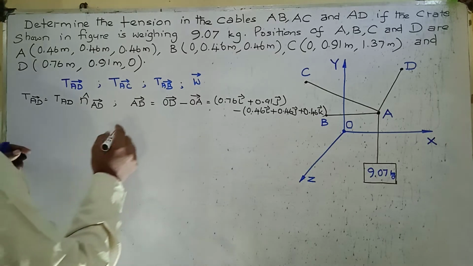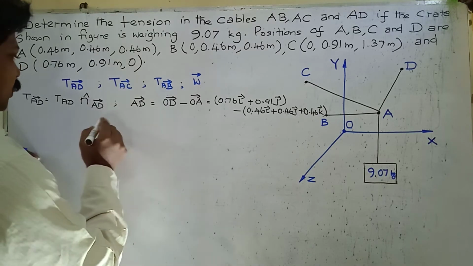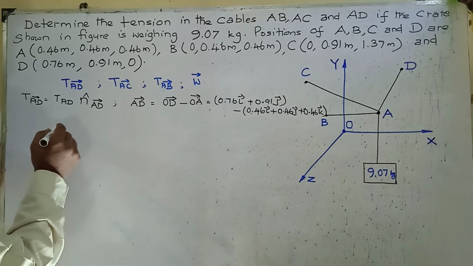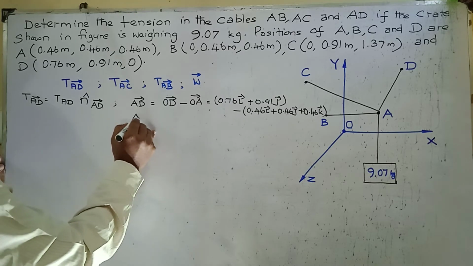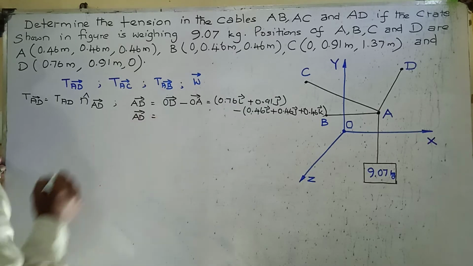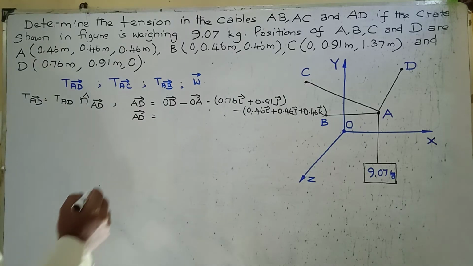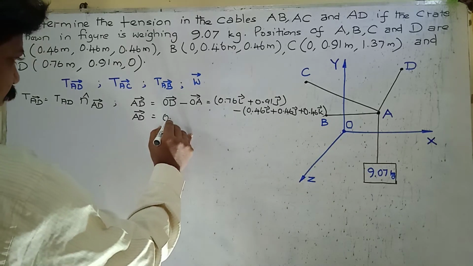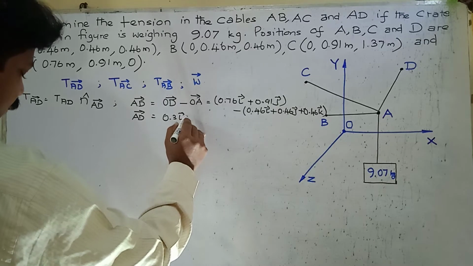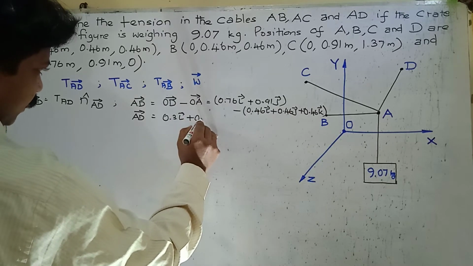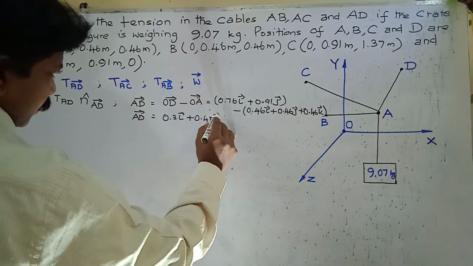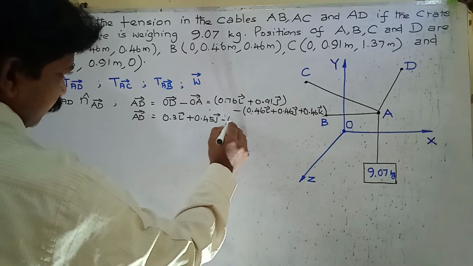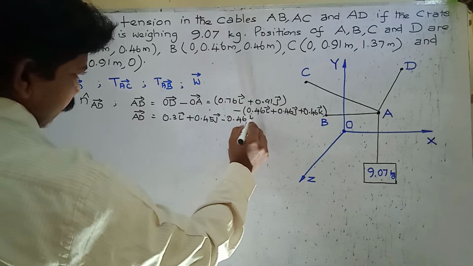So from that, what is AD vector? AD vector equal to 0.3 i vector plus 0.45 j vector minus 0.46 k vector.